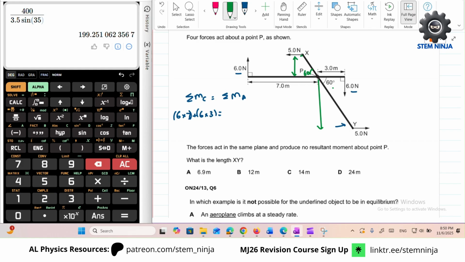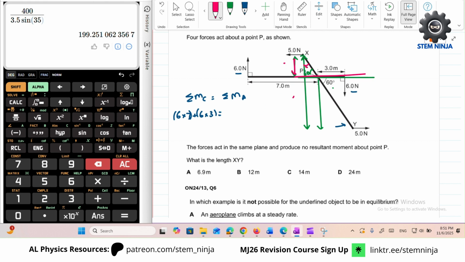Okay, so what we can do over here, eventually we will need the distance between them. That's adding, because they're both causing a clockwise moment. Even if we add the fractions, we will basically be adding 5 with this length and this length. This will add up to this length.